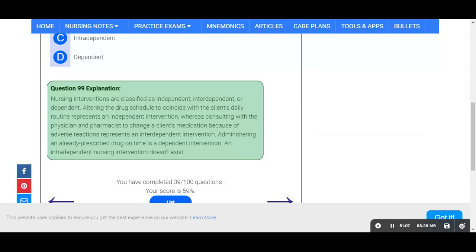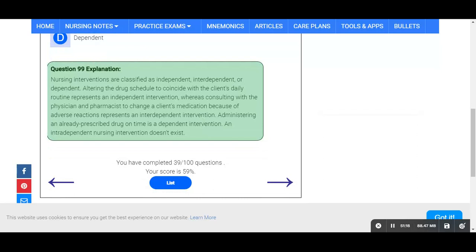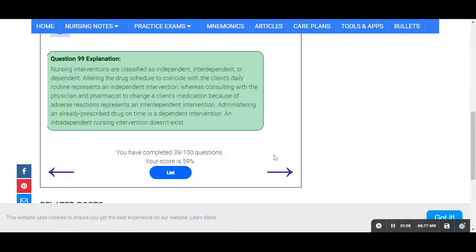Altering the drug schedule to coincide with the client's daily routine represents an independent intervention, whereas consulting with a physician and pharmacist to change the client's medication because of adverse reactions represents an interdependent intervention. Administering an already prescribed drug on time is a dependent intervention. An interdependent nursing intervention does not exist.